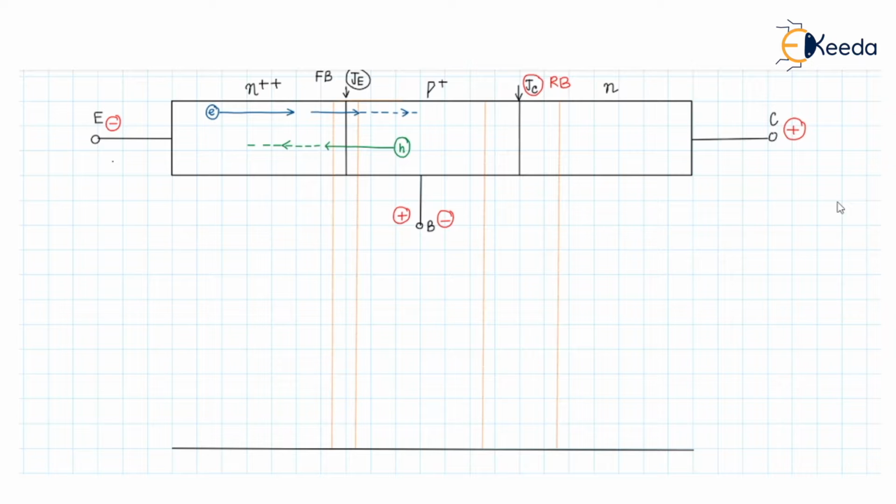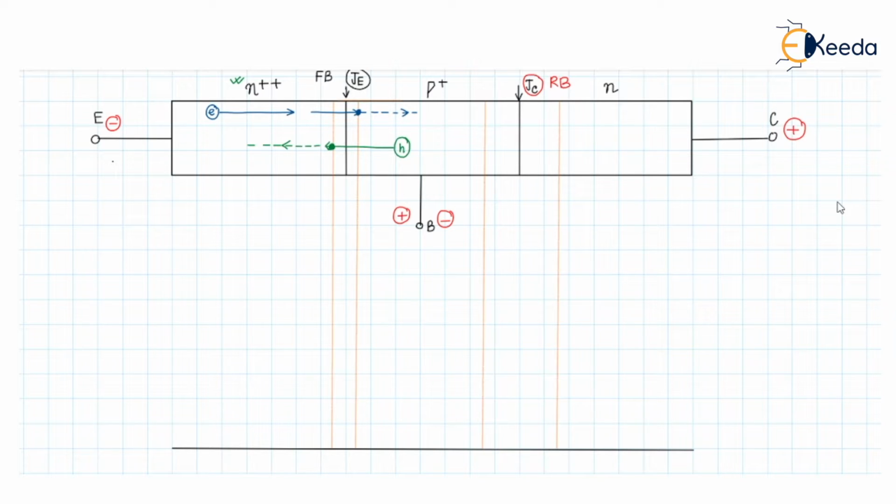Since the emitter is more highly doped than the base, the minority carrier concentration at the edge of the JE junction in the base will be very high compared to the minority carrier concentration in the emitter at the edge of the JE junction. So let us assume that the JE junction has the minority carrier concentration like this.